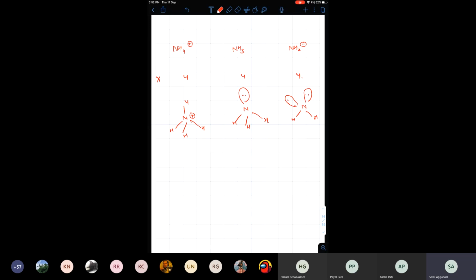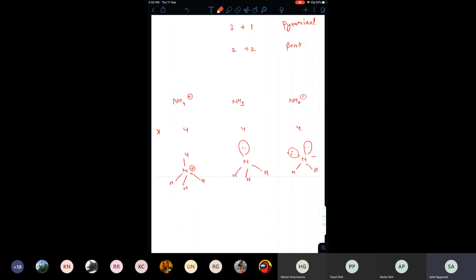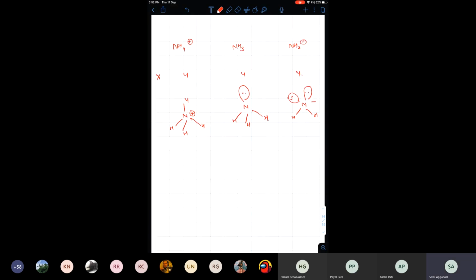And this is NH2 minus, bent. Understood? So we can have different shapes in case of x equal to 4.